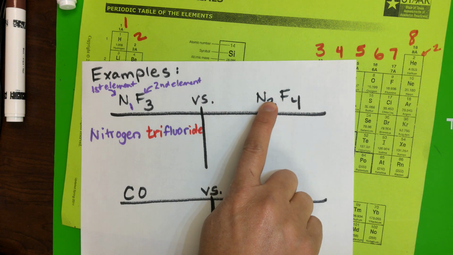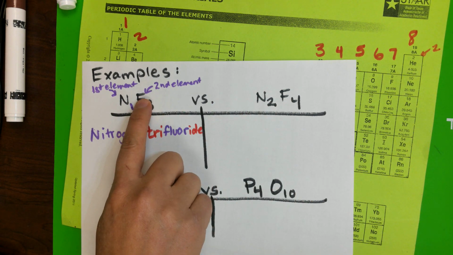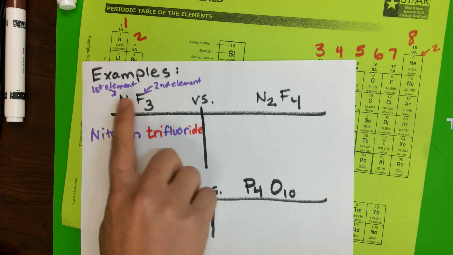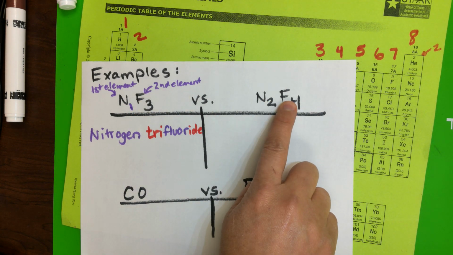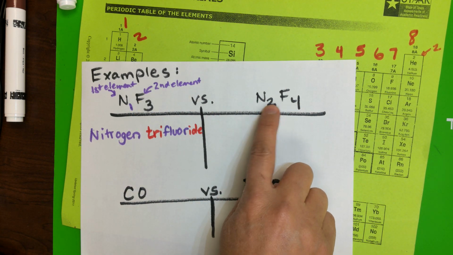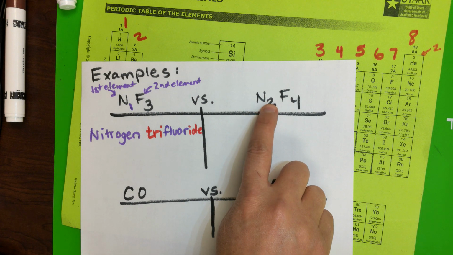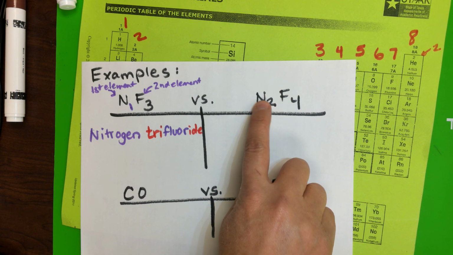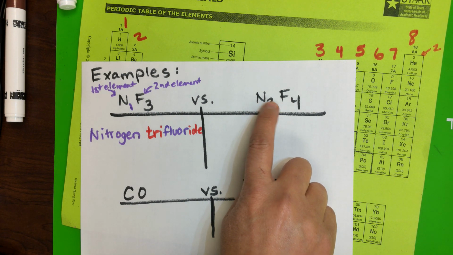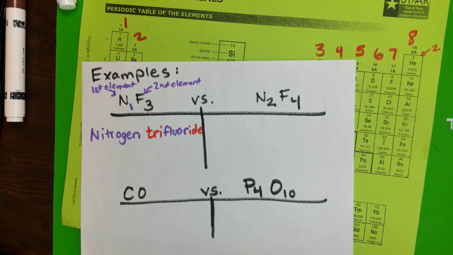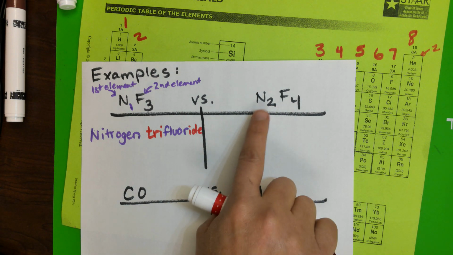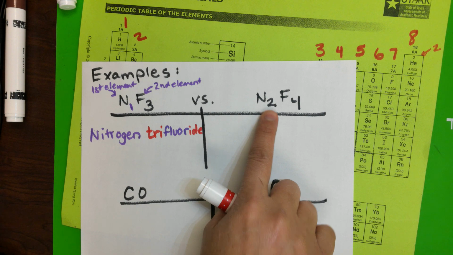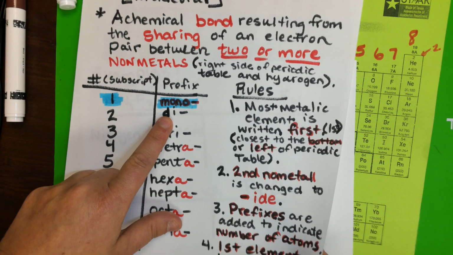This one has, now we're going to look at the first element. Now it's the same elements. This is nitrogen, fluorine, right? But except now they have two different numbers. So this is not a 1. We could go ahead and put the 2 in there, okay? So in here, the prefix for 2 is di.